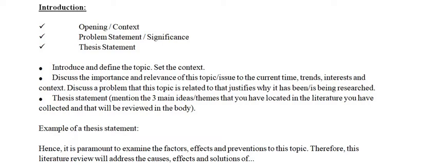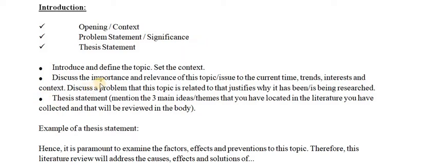You need to know that the introduction should have these three main things. First, we should have the opening, where you introduce and define the topic that you are doing research about. And then you should present the problem statement and the significance of this problem.